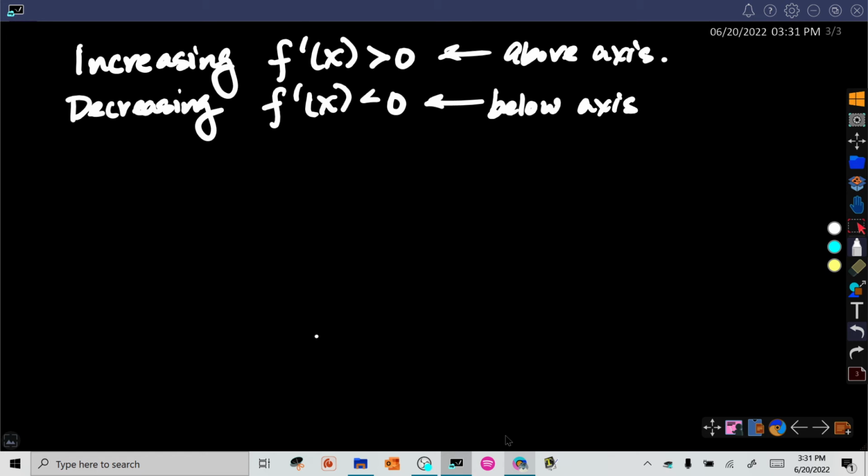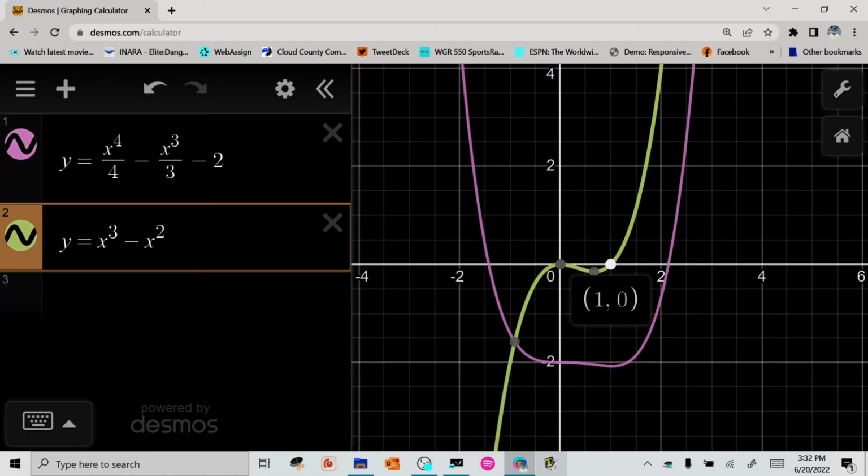So it's decreasing from negative infinity to 1, okay? And then it looks like it's increasing every single value above that, okay?